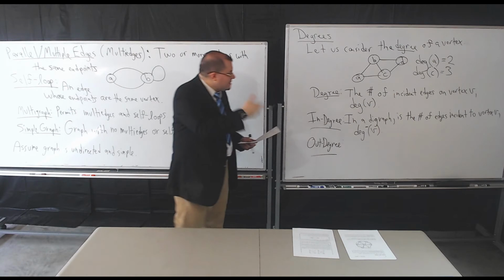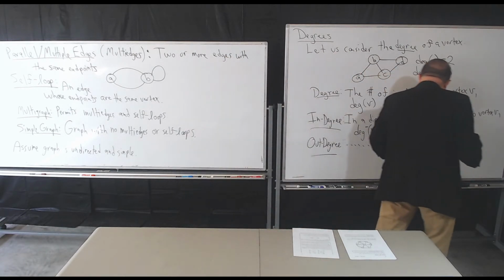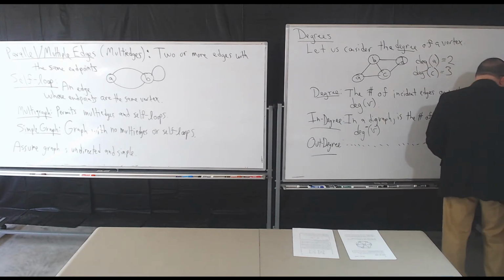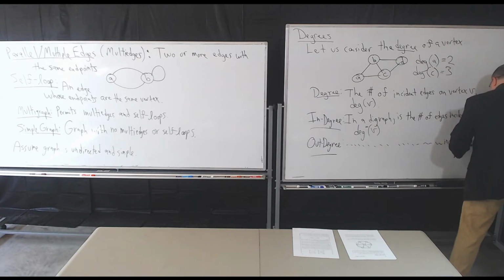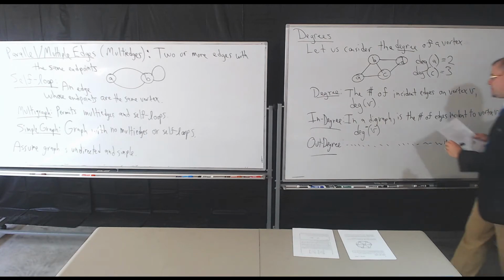So it's the ones that are incident to the vertex. Naturally, the out-degree is the same definition, except it's incident what? Incident from. Same definition, just I changed it from incident to incident from.